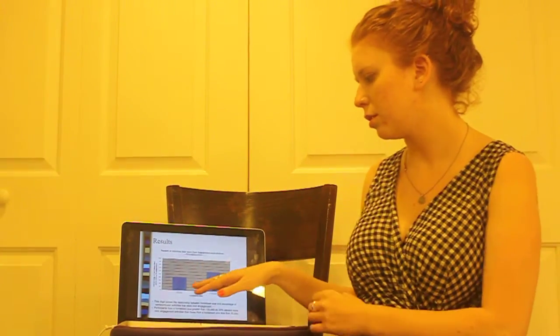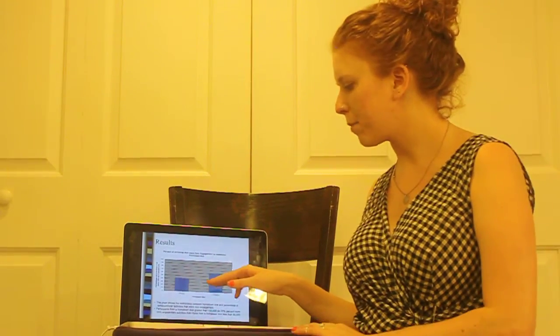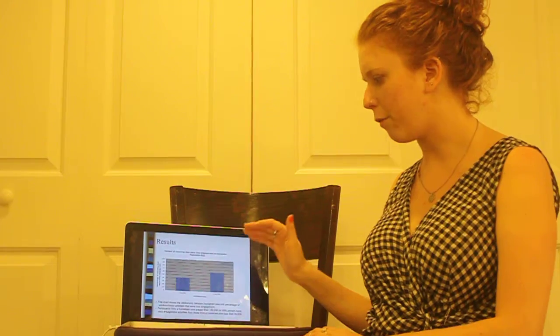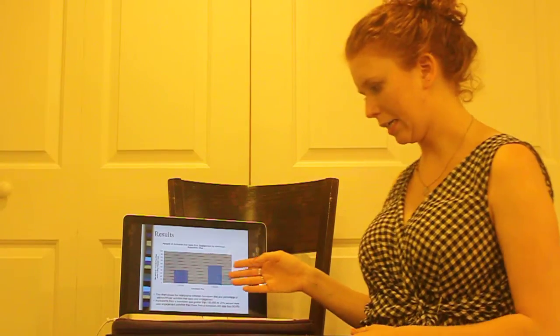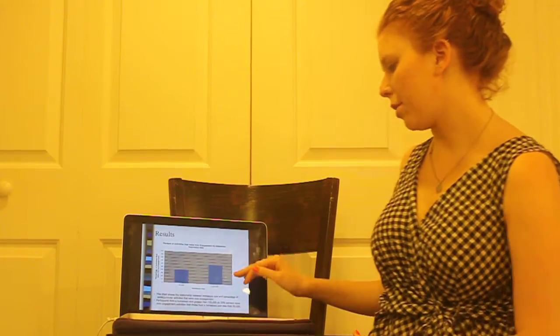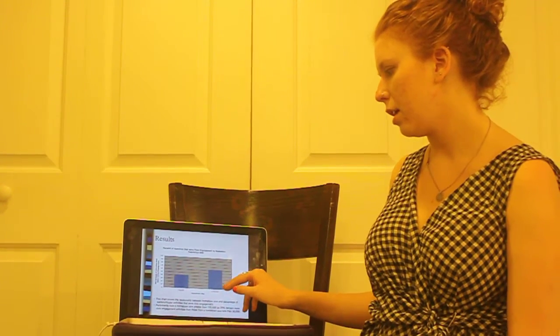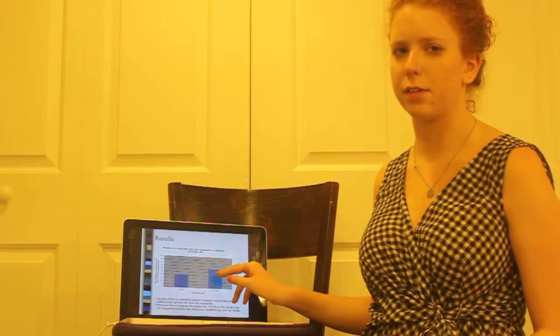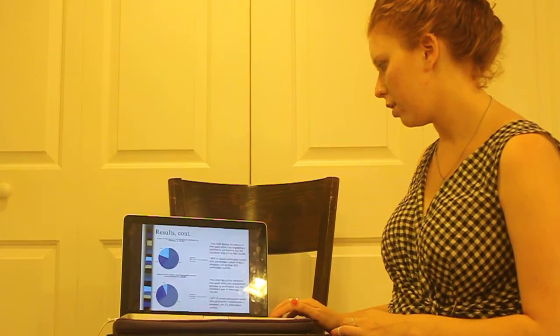Those from a rural hometown size of less than 30,000 participated just about 40%. Just about 40% of their total extracurriculars were civic activities, whereas those from a hometown larger than 100,000 were just above 60%. So that's a pretty large jump.